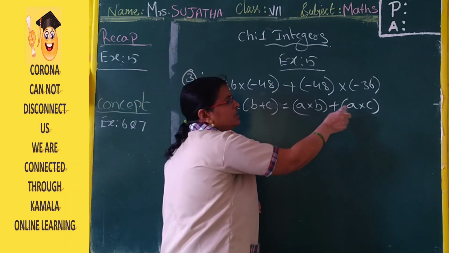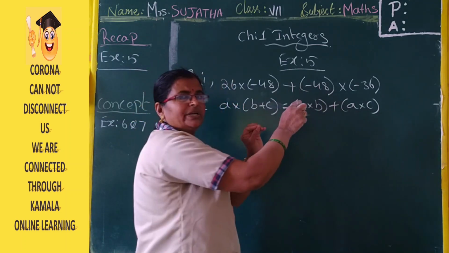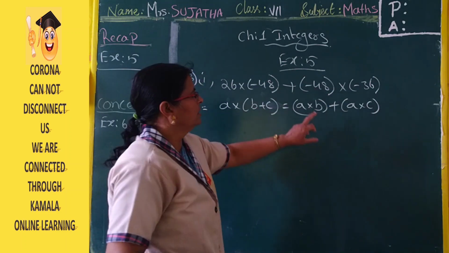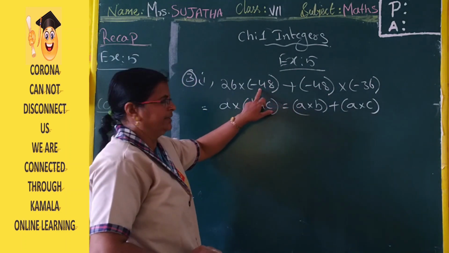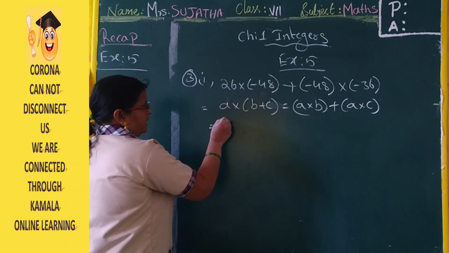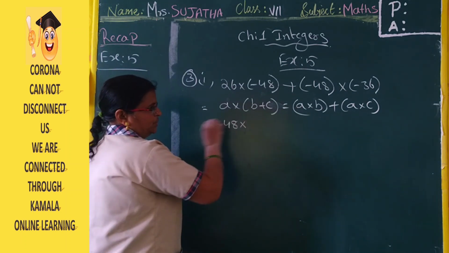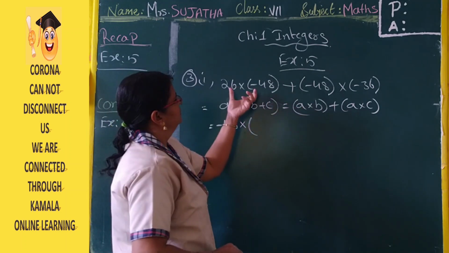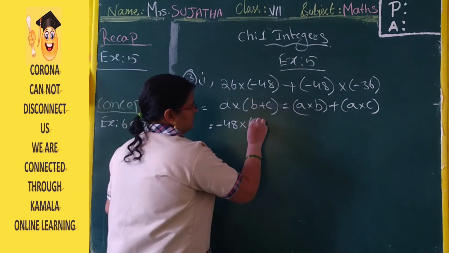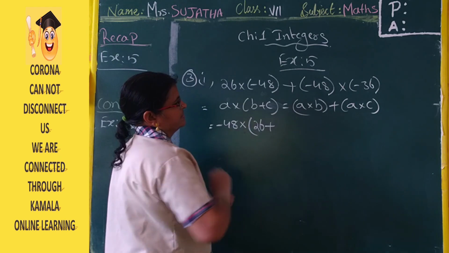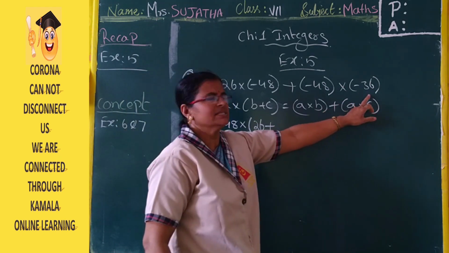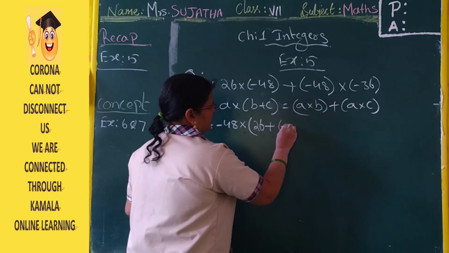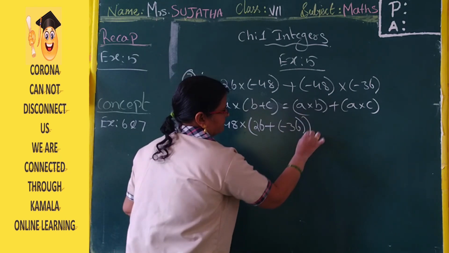A, no? So now A is minus 48. Here you can apply: minus 48 into, what is the B value? Here 26, plus, what is the C value? Minus 36.